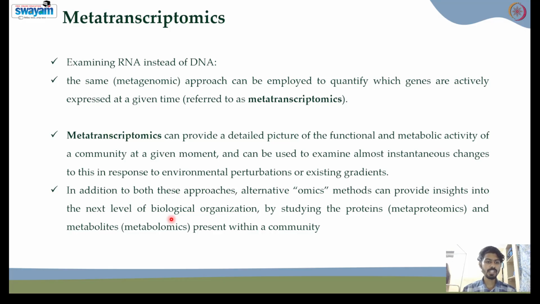If you want to know genetic information of all the microorganisms in a community, you can go for metagenomics. But if your interest is focusing on the proteins that the microorganisms are secreting, then you can go for metaproteomics. Now, if your aim is to analyze the final metabolites present in the community, you can go for metabolomics. So these are all the omics studies that are very important for analyzing the microbial ecology community.